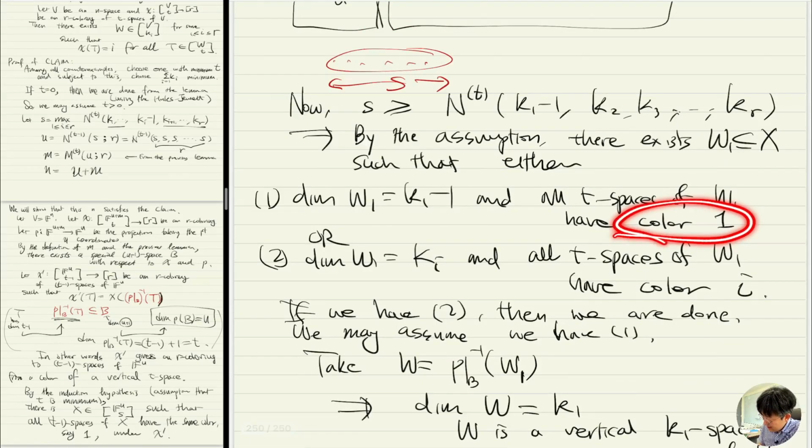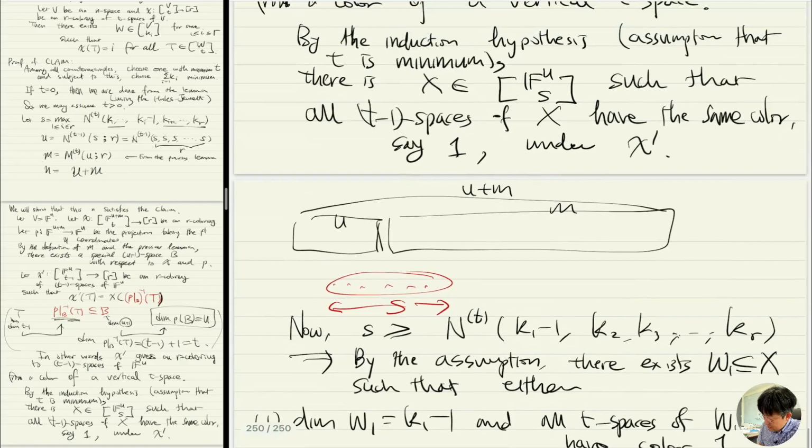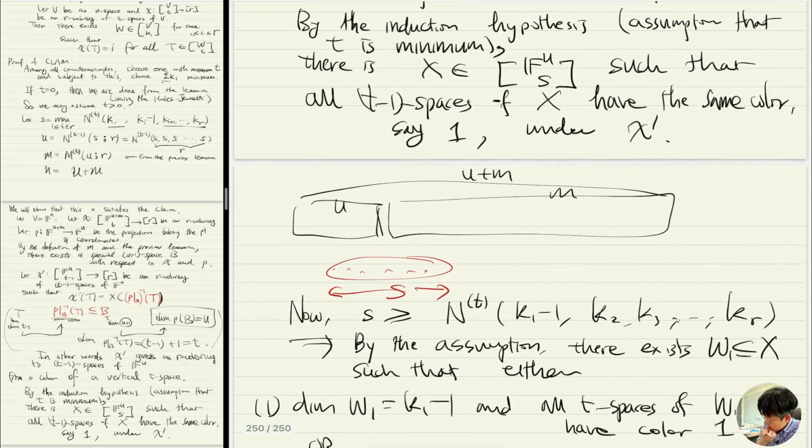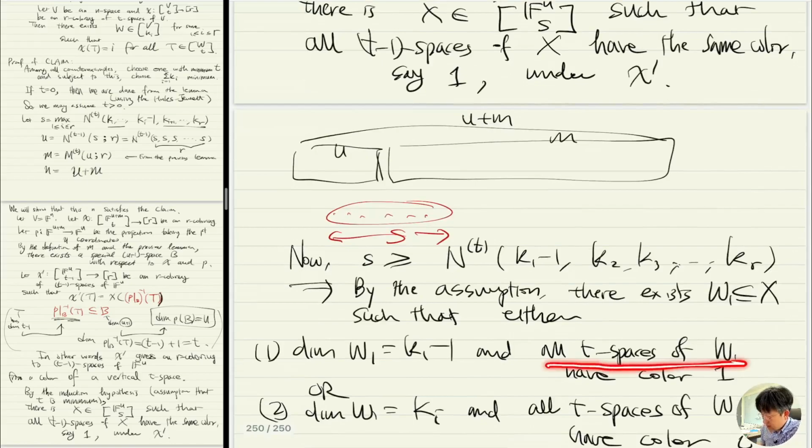What is this color? This B is special, right? So that means the colors of transversals are determined by their images. And that's the coloring here.